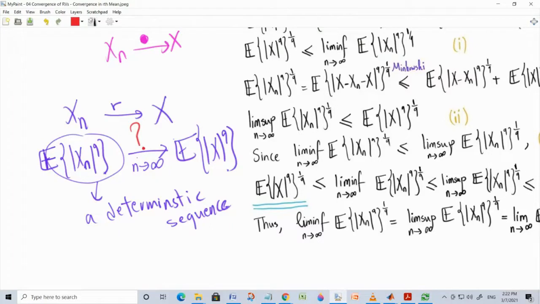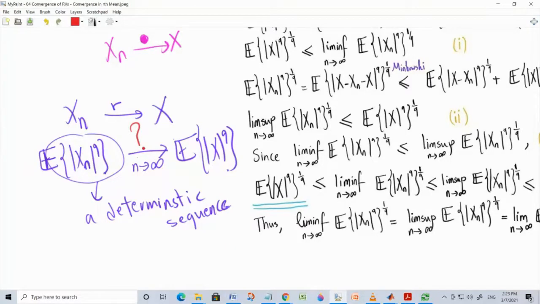So it turns out that if you choose Q to be less than or equal to R, then yes, you are guaranteed to have this convergence. Now, this is not true for other types of convergence, and I will talk about it.